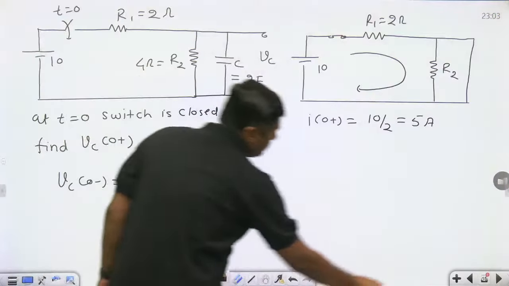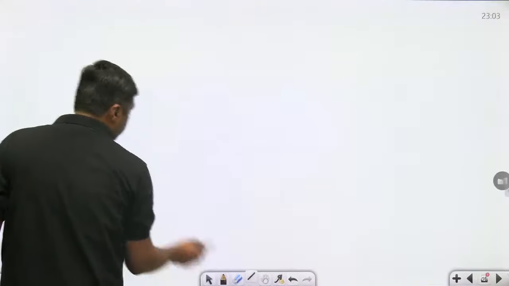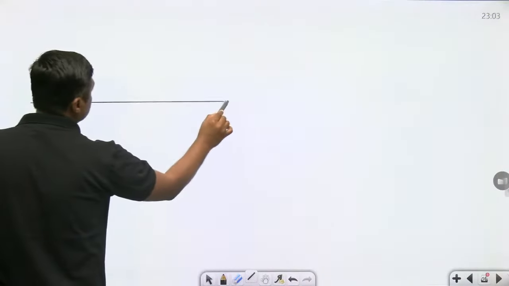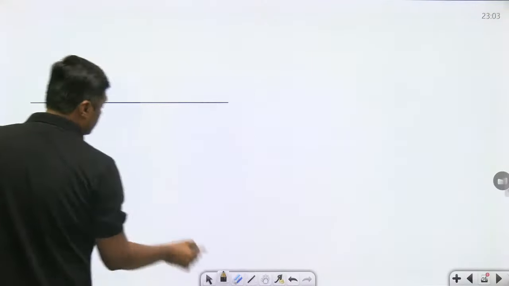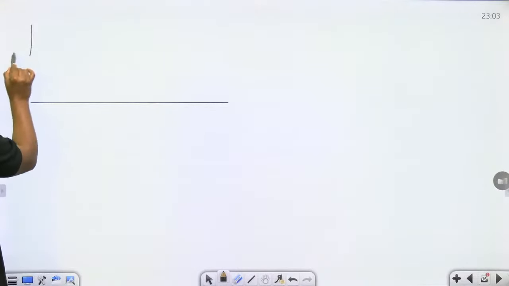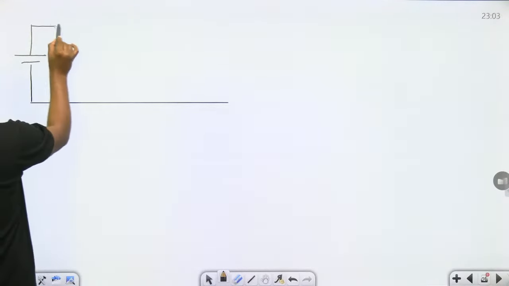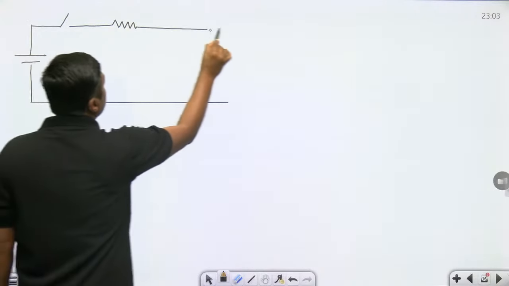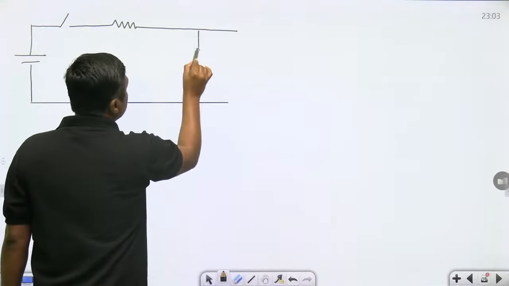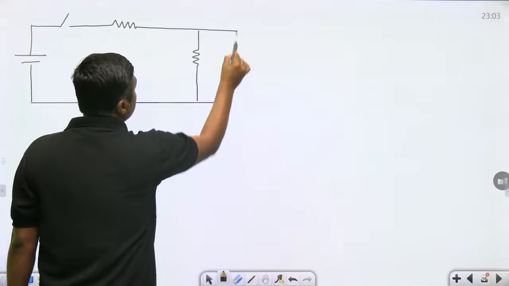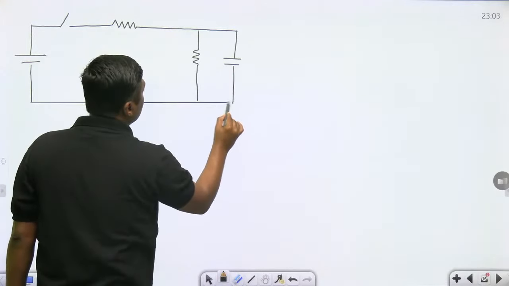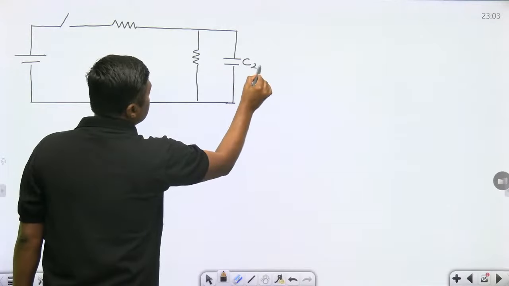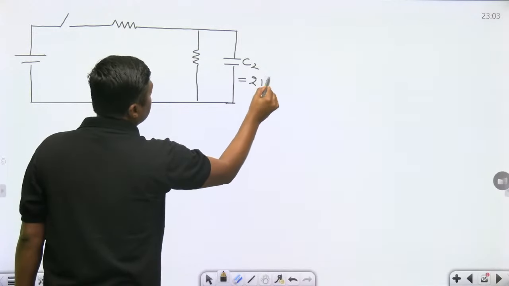Now for the second question, this is the 10 volt battery. Now this is the capacitor, again the value of this C2 is 2 farad.